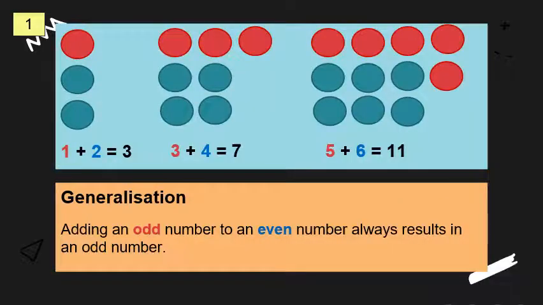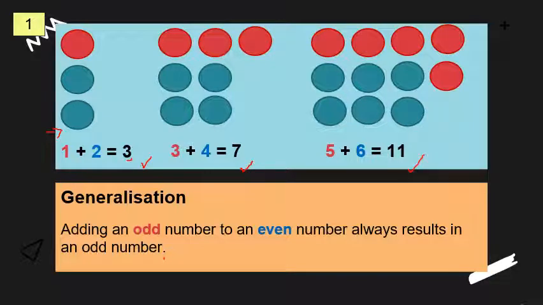So here's our first generalization, and it's a nice simple one. Adding an odd number to an even number always results in an odd number. So up here in the blue section, I've tested it out with a diagram. So here I've got 1 plus 2 equals 3. I know that 3 is an odd number, so that's correct. 3 plus 4 equals 7. 7's an odd number, that's correct, and so on. 5 plus 6 equals 11.